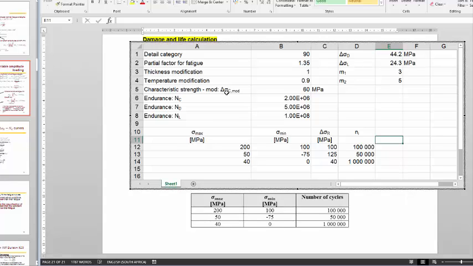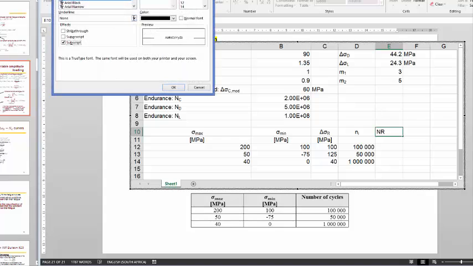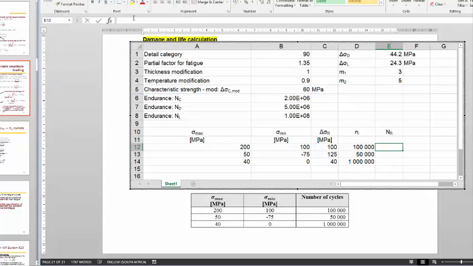And now what I'm going to calculate is the endurance, capital NR, and as we know, we calculate NR from the SN curve, the applicable SN curve that we have above. Right, and now to do that we do an if function. We say if the applied stress range is larger or equal to the constant amplitude fatigue limit, what do I have then?